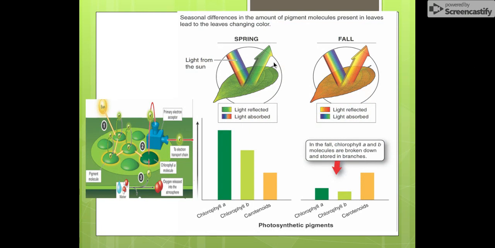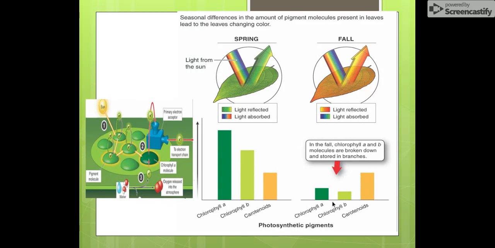So when we look at this process, we see that the main pigments here are these green chlorophyll A and chlorophyll Bs, so they reflect that green light. And so as we see here in this image, chlorophyll B, chlorophyll A dominate most of the spring and summer and fall, early fall anyway. But as we get toward later fall, closer to winter, these chlorophyll pigments start to break down within the leaves of these deciduous trees.